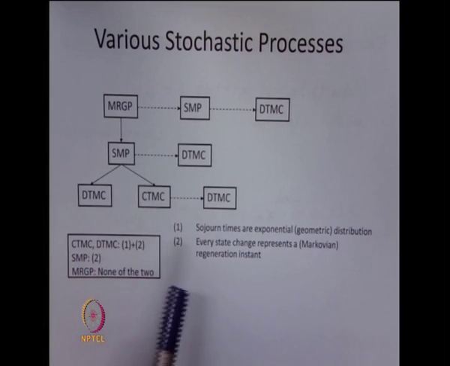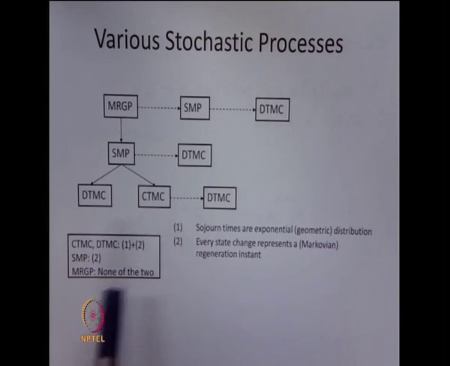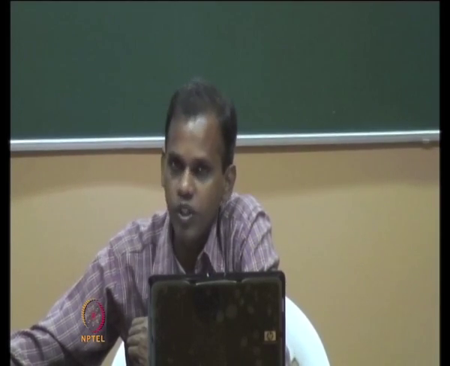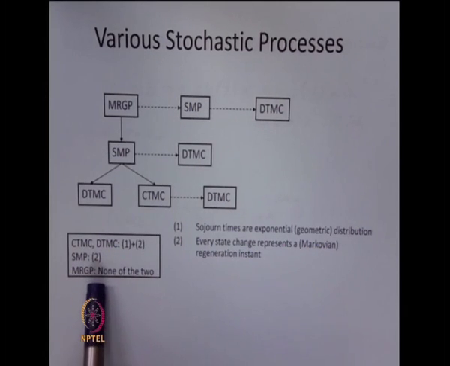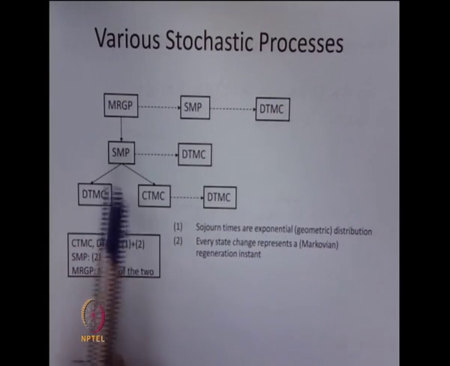If only property number 2 is satisfied, then it is an SMP. If both the properties are not satisfied, but a few state changes represent a regeneration instant, then the stochastic process is called a Markov regenerative process. We have shown this in the diagram.